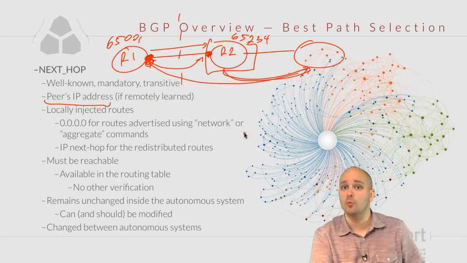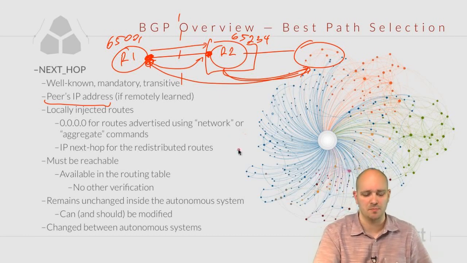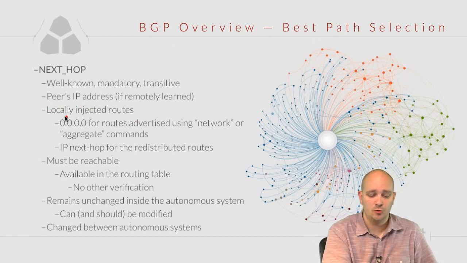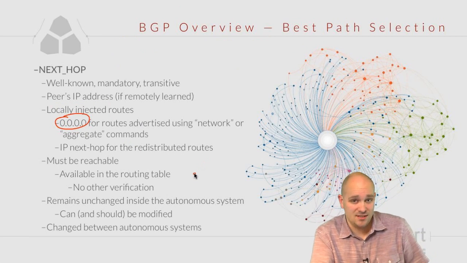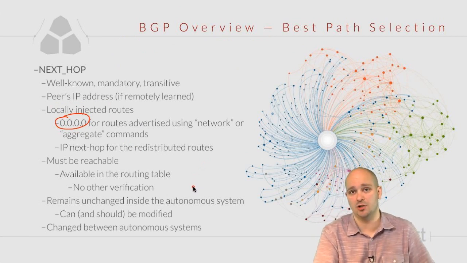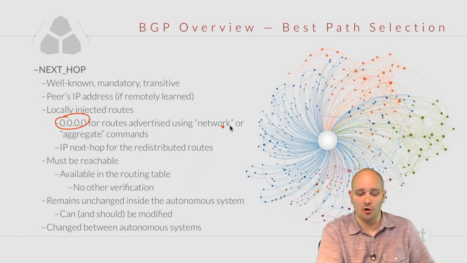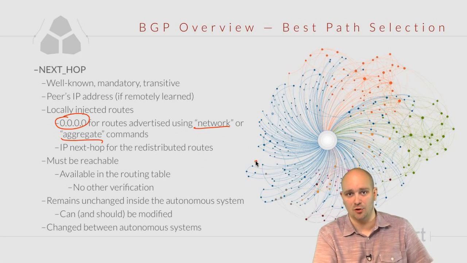And this is something that we will talk about a great deal when we talk about the external and the internal BGP peering sessions. For locally injected routes, it will be 0.0.0.0, which really means there is no next hop, but because it's a mandatory attribute, it actually needs to be there, and it will be 0.0.0.0 for those routes advertised by network statement or the aggregate commands.